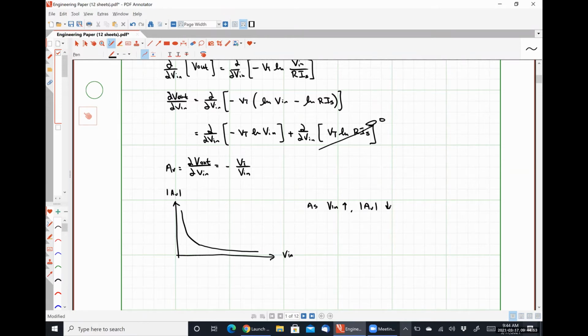This means that weak signals experience a lot of gain and strong signals experience a small amount of gain. This is what's known as compression.